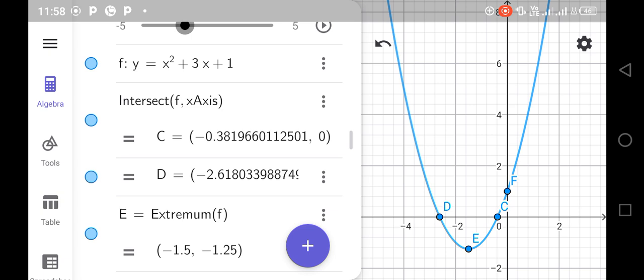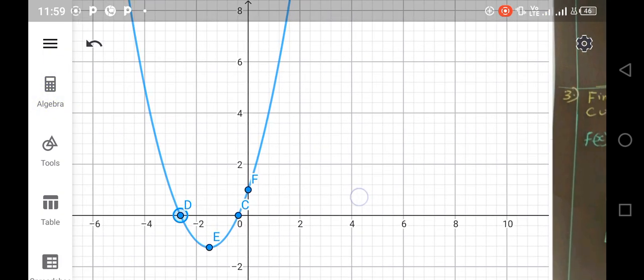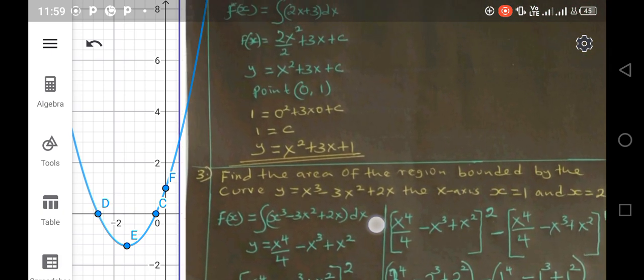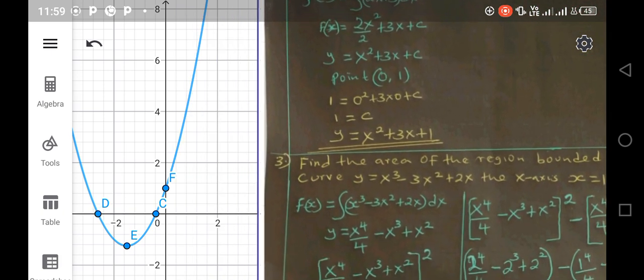As you can see, we have the point C, which is negative 0.380. D, you can see it, D is here. That's our point D. It is negative 2.60. We have E, we have F. Those are the special points that we can use for plotting our graph. So we have drawn our graph, and then let's see where the y-intercept comes from.